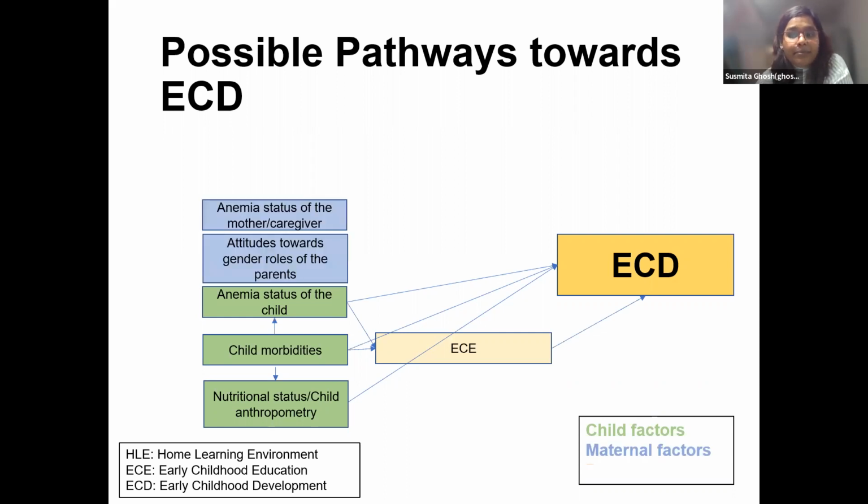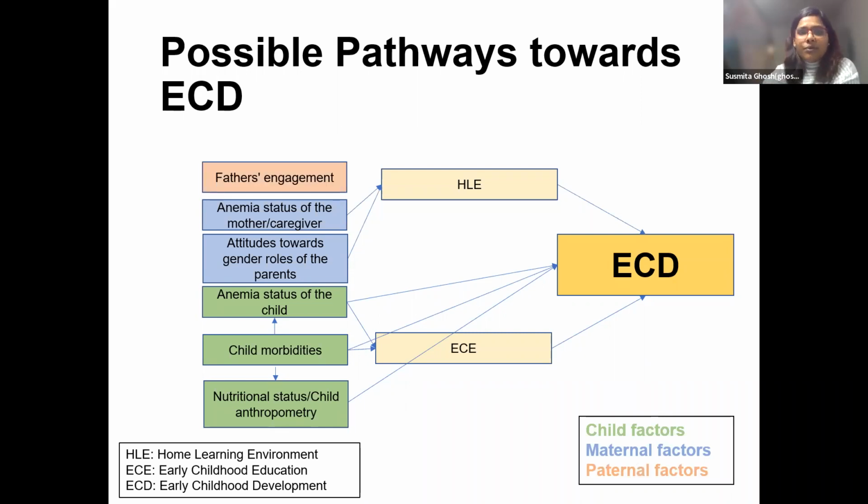And the second one is the maternal factors. The maternal factors are the anemia status of the mother or caregiver and their attitudes towards gender roles. These two factors can affect the home learning environment, and then the home learning environment can lead to early childhood development. And the paternal factors are the father's engagement and the father's attitudes towards gender roles.